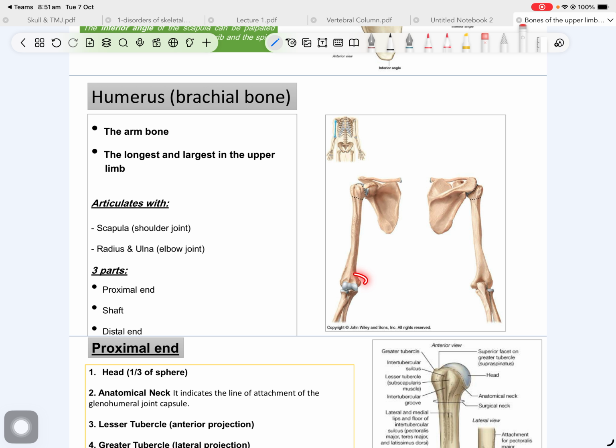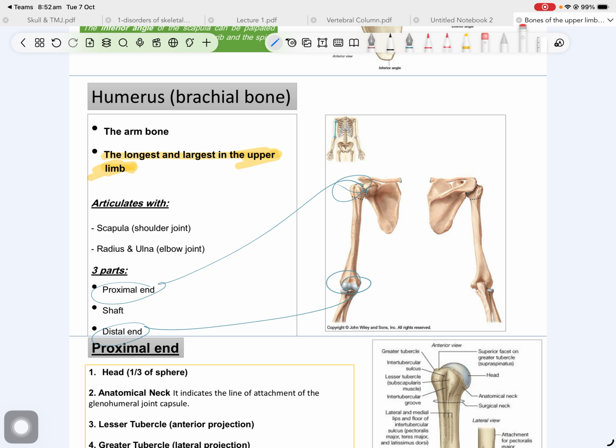This end is the distal end. And in between, this is the shaft. Okay? This bone is the longest and largest bone in the upper limb. Okay? Not the whole body. So it articulates proximally with the scapula at the shoulder joint, and distally it articulates with the two bones of the forearm at the elbow joint.